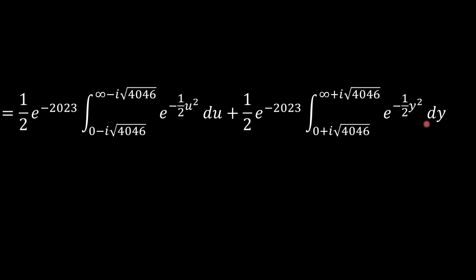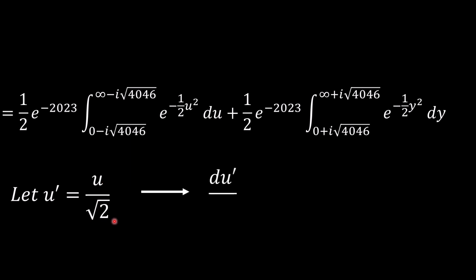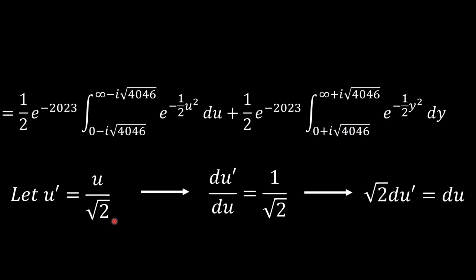Now I don't really like the half in the exponent position there, so I could say let u prime be equal to u over the square root of 2, such that du is the square root of 2 times du prime.